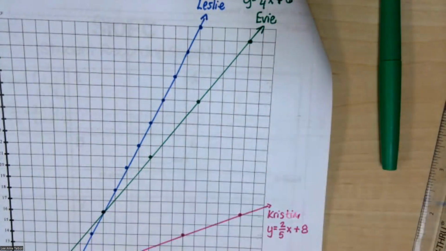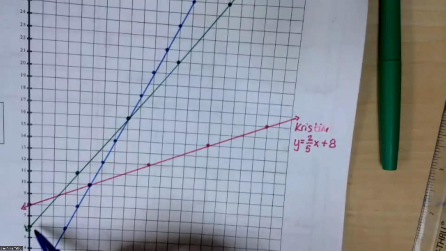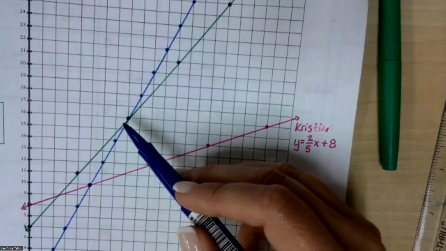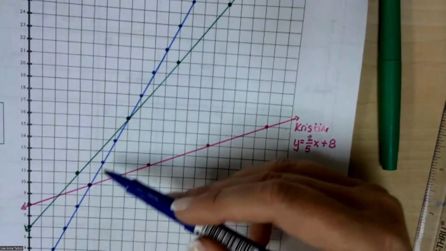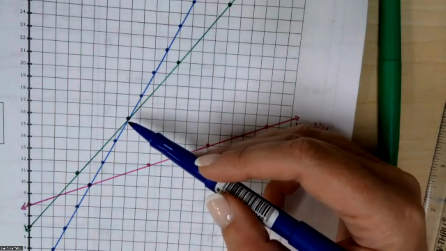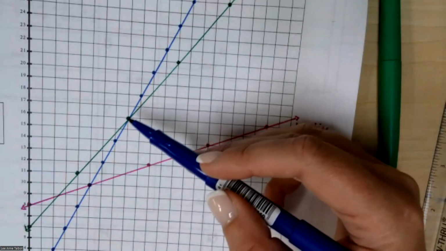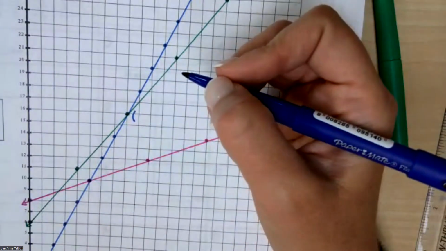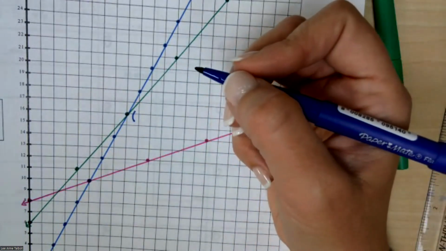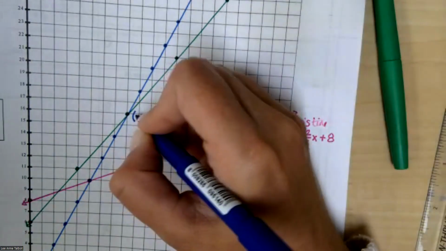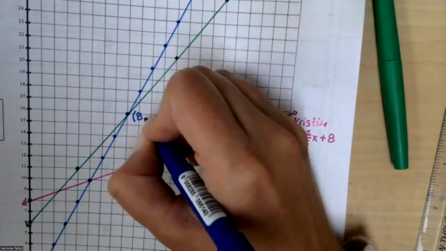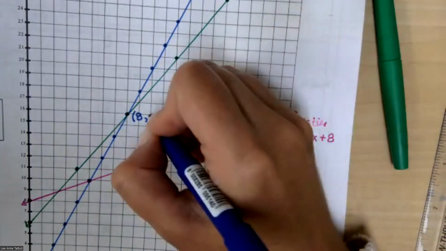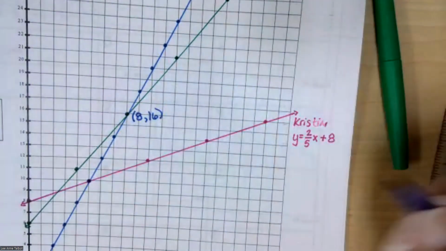So, okay, Evie got this head start, right? And then Evie's going, but Leslie's going faster. So right here is where Leslie passes Evie in the race. This spot right here is 8 seconds and 16 meters.